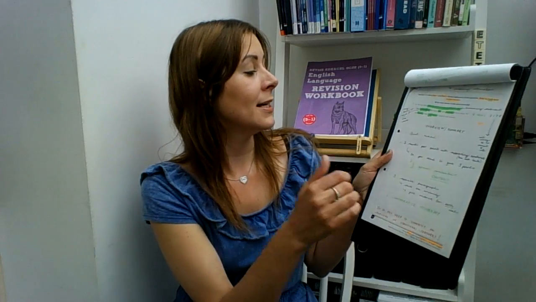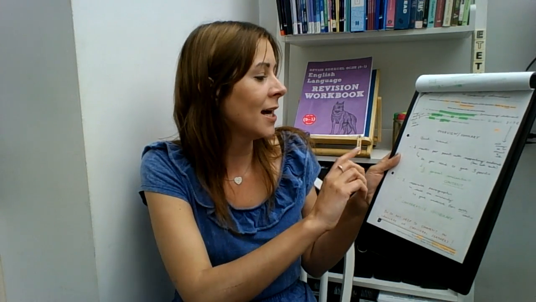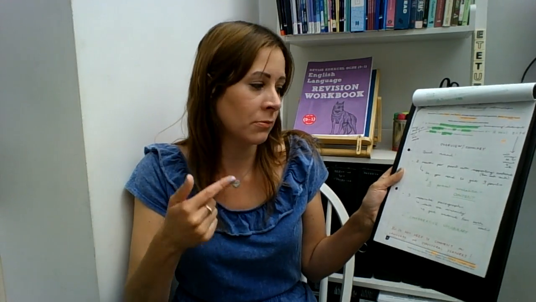So what you need to do is say something. So both texts present a positive view of being part of the Secret Service, say. And then you would go on to give a quotation from text 1 that shows that, and then a quotation from text 2 that shows that.